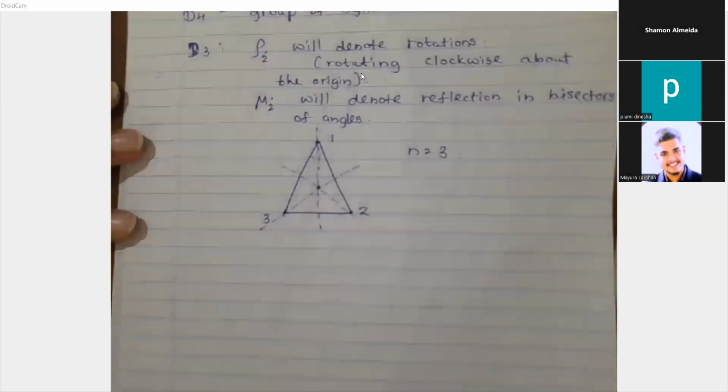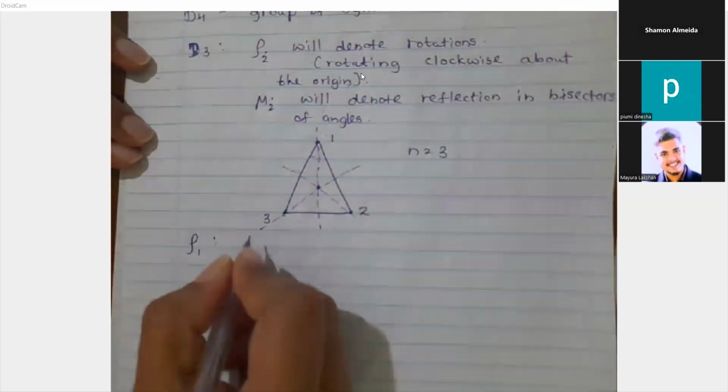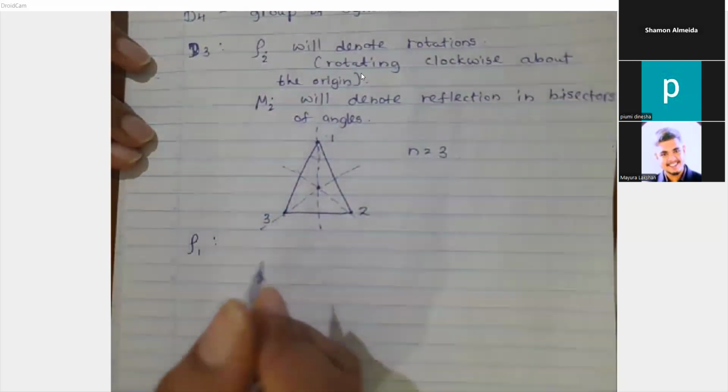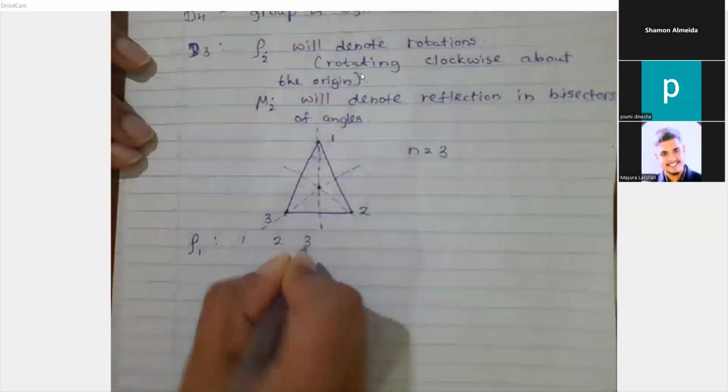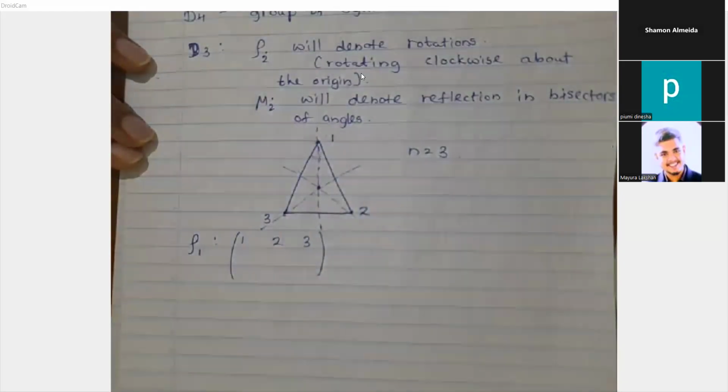Let's write rho 1 to be the first rotation. 1, 2, 3. Let me put it this way, right? We have seen this notation when we were talking about S3.